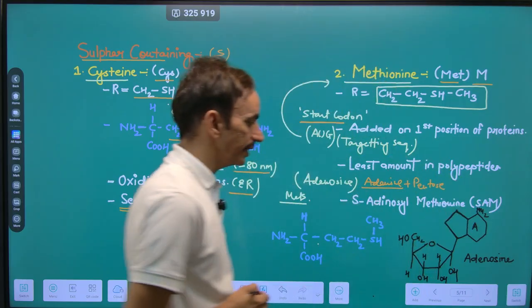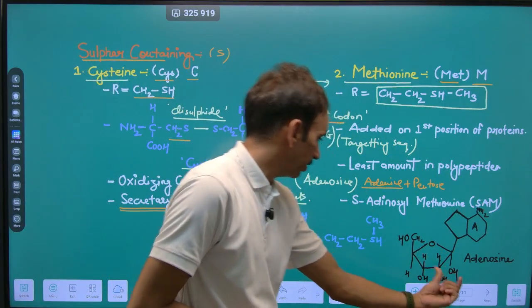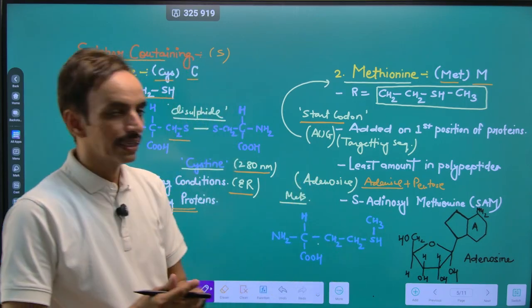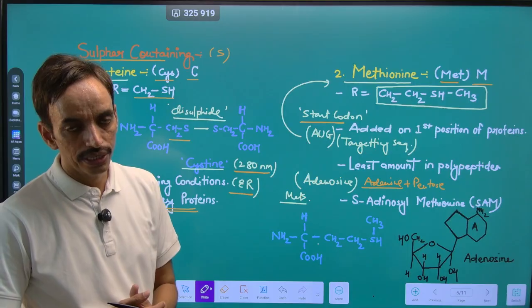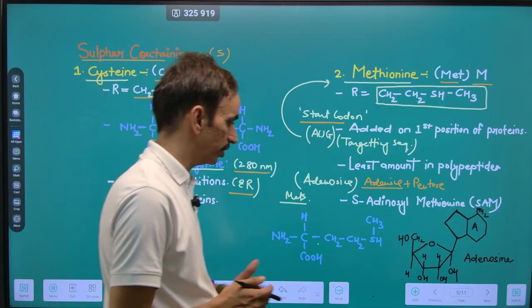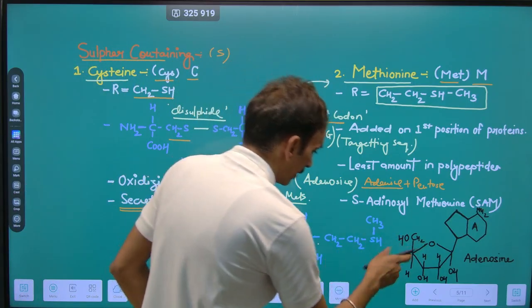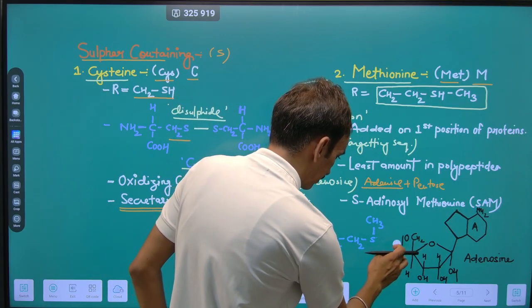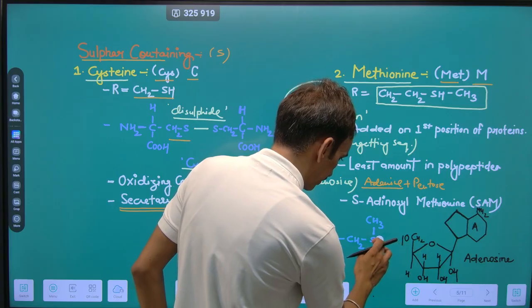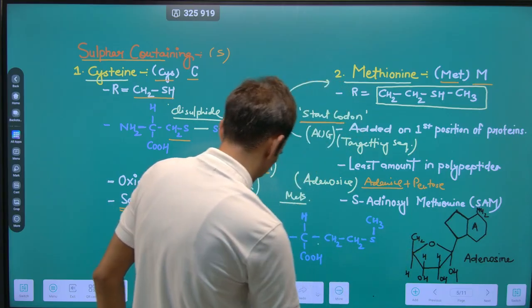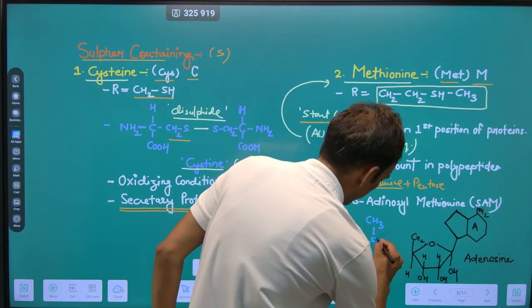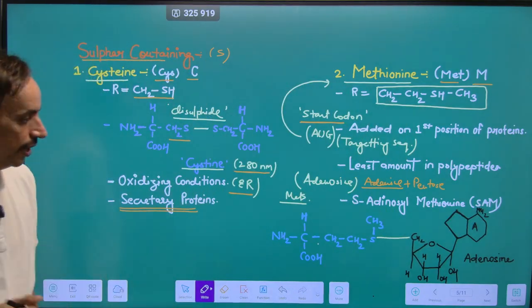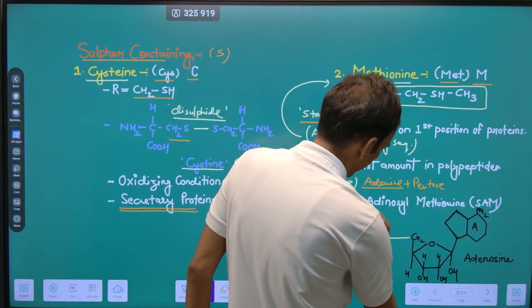If there is an addition of this adenosine to the methionine, then it is called the S-adenosyl methionine.